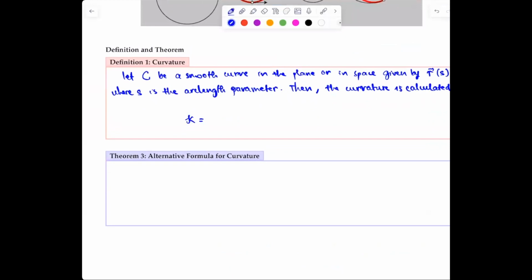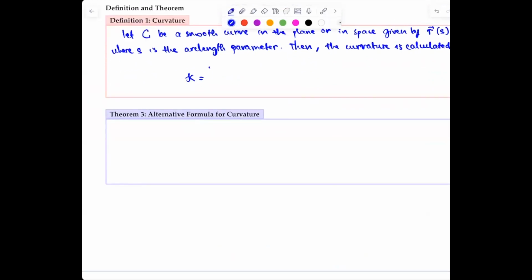You want the magnitude of how fast the tangent vector changes with respect to arc length. So we're going to do dT/ds. I'm going to explain dT in a minute.